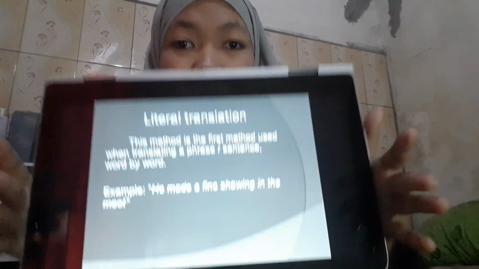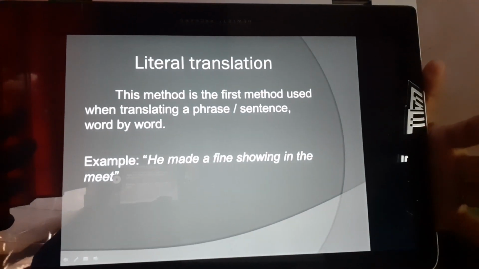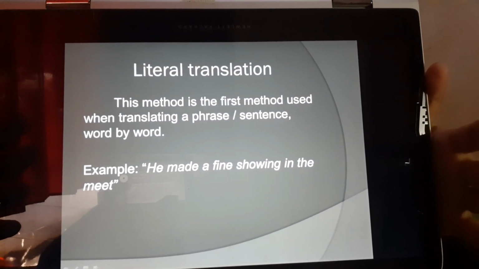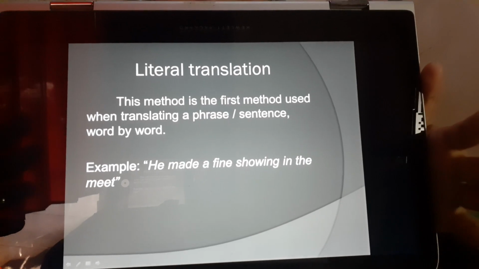And then the third is literal translation. Literal translation is in here. This method is used to translate a phrase or sentence, but here this method translates word by word.